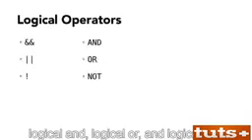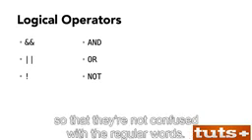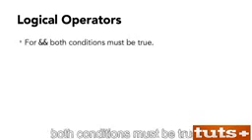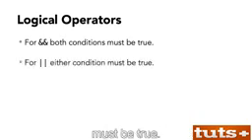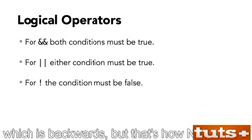For an AND operation to be true, both conditions must be true, this and that. For an OR operator, either of the conditions must be true, this or that. And for the NOT operator, the condition must be false, which is backwards, but that's how NOT works, not this. As an example, the AND operator evaluates two conditions.